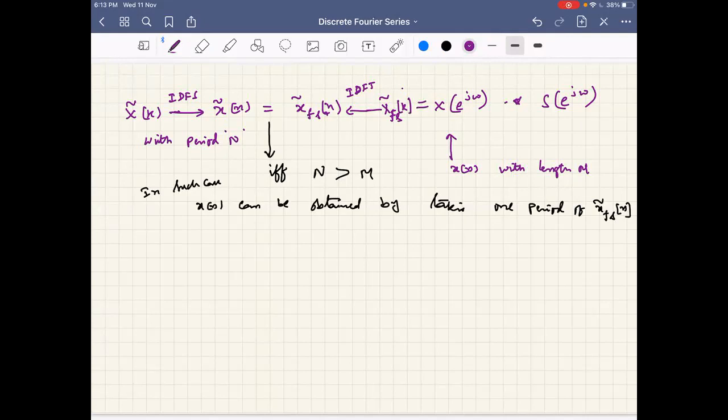So this XFS of k is equal to x tilde of k.